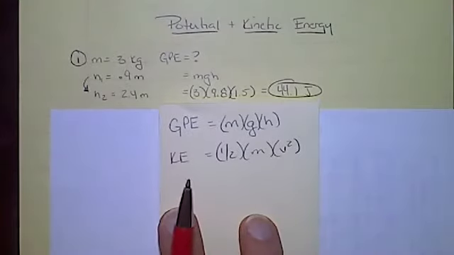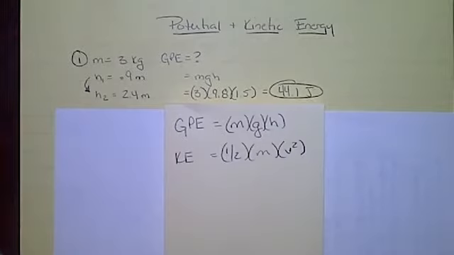All right. Let's move on to our next one, number two. If a 2.30 kilogram brick falls to the ground from a chimney that is 7.5 meters high, what is the change in its potential energy?